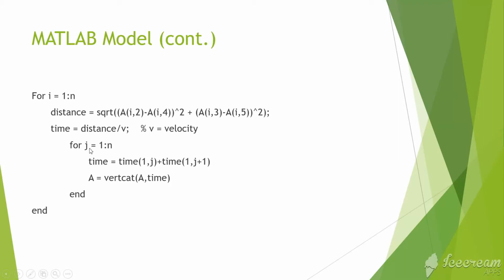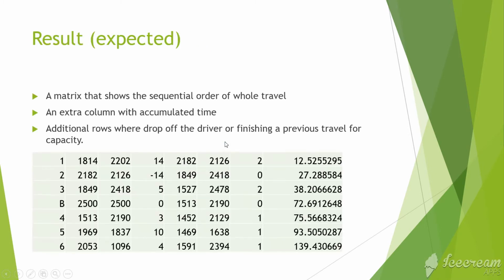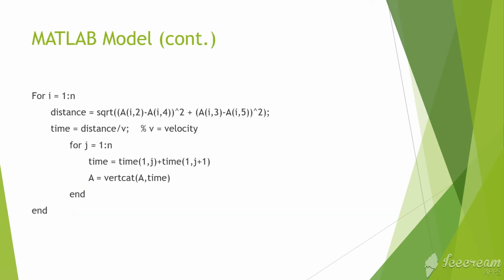And for j equals 1 through the number of data sets, I sequentially added the current time to the next one, so that it shows the total accumulated time over the data set, and I'll be recording it to my array called A.